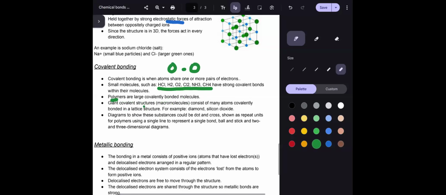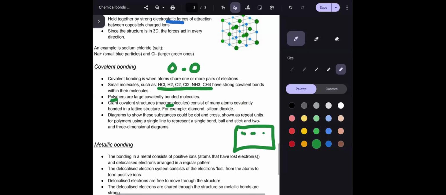So, giant covalent structures are called macromolecules because they consist of many atoms covalently bonded in a lattice structure. So remember when we did sodium chloride, we said it has a giant lattice structure. Covalent bonding will be the same. It will also have a giant lattice three-dimensional structure, but it will have repeating units.